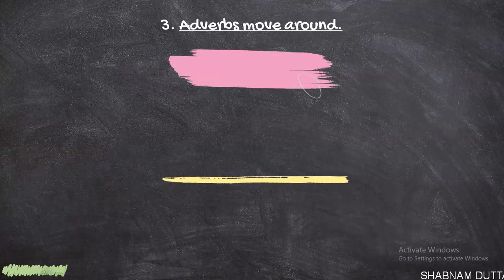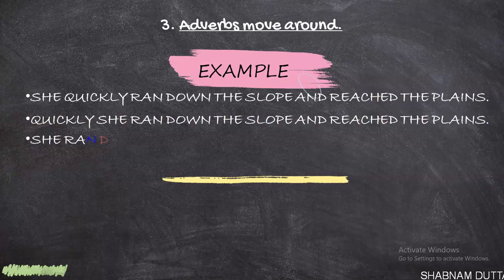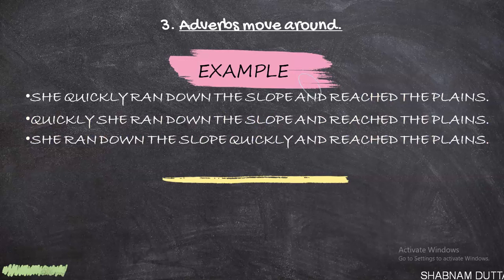The third rule that we should take care of is adverbs move around. Yes, let's see the following sentences. She quickly ran down the slope and reached the plains. Quickly, she ran down the slope and reached the plains. She ran down the slope quickly and reached the plains.